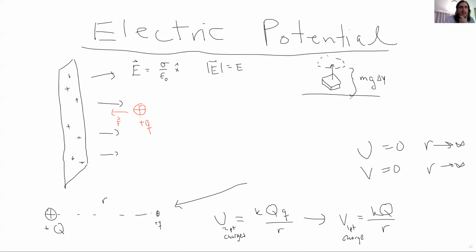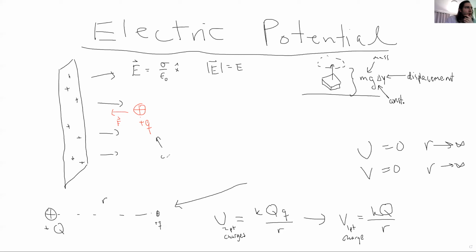What's the electric potential energy equivalent of this scenario over here? Over here we have a mass which moves in a constant gravitational field, g. This guy is a constant, and it moves just a small displacement, delta y. So over here, it looks like we have a similar situation.